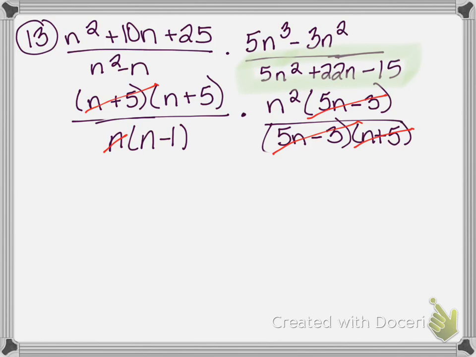So that cancels, and I'm left with just an n to the first in the numerator. Okay, so my final answer here is n times n plus 5 over n minus 1. You might choose to multiply that n across the n plus 5, but you don't have to. It's not necessary to do that.